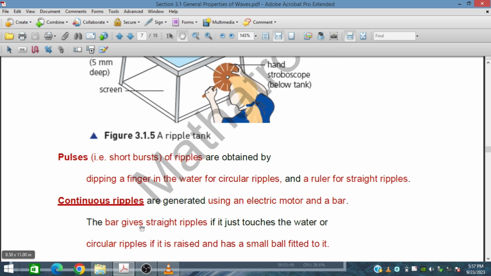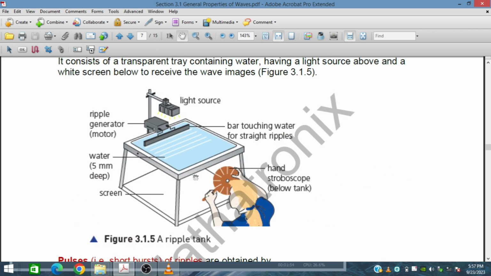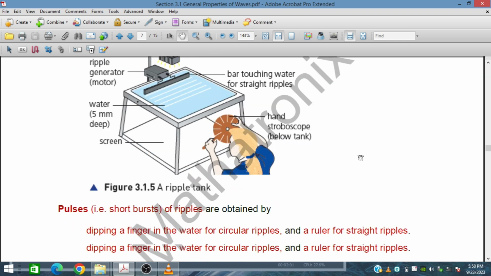A bar gives straight ripples if it just touches the water, or circular ripples if it is raised and has a small ball fitted to it. If we replace this with a small ball and just dip it, it will create circular ripples.